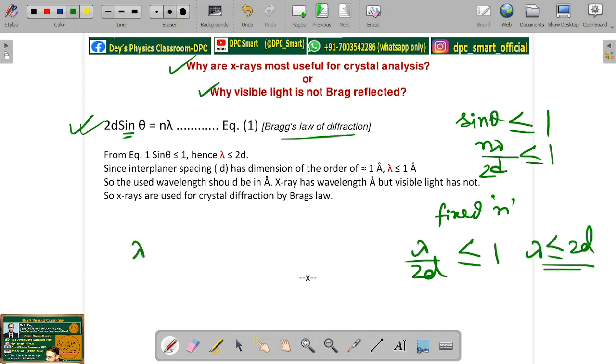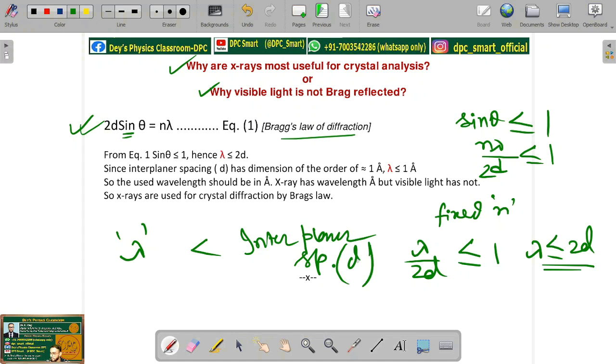That means the wavelength used for diffraction should be less than the order of interplanar spacing d. So the wavelength and the interplanar spacing should be of the same order or the same dimension.